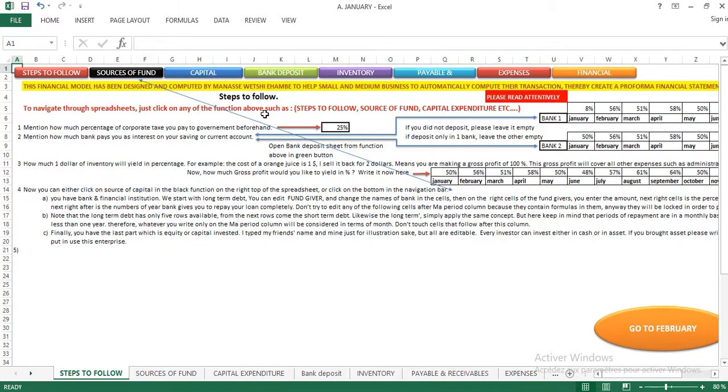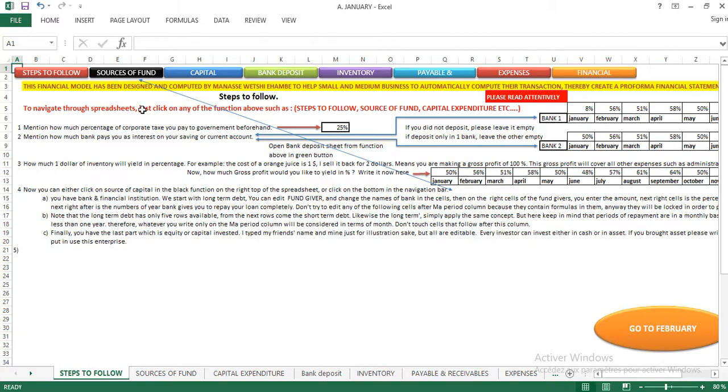On the first page of your financial model, you need to put instructions, steps to follow, so that the user of your financial model will be able to identify how they can run the sheets and how they can run the model that you have built. So you need first of all to create an instruction page. This page is like a guideline showing people how to use this model. I have put a couple of instructions here on how you can use it.